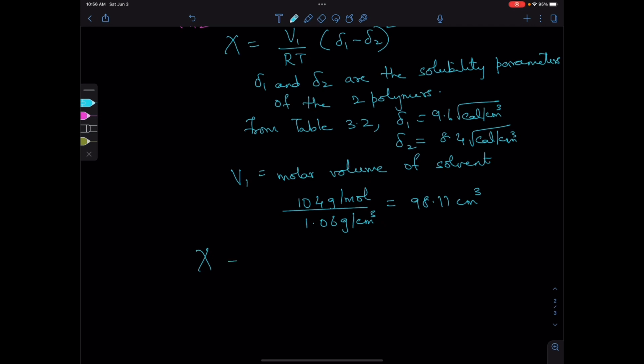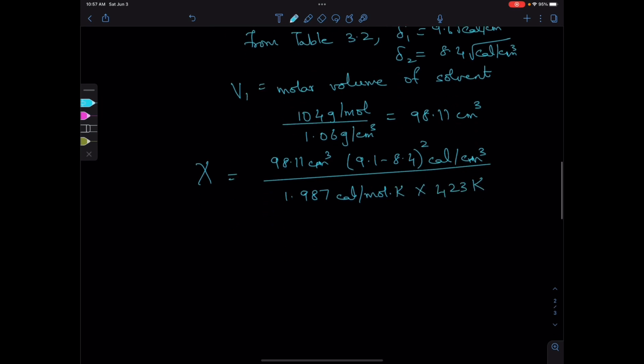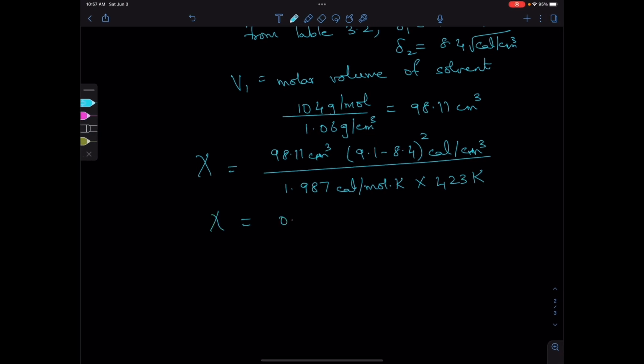So chi is, by plugging in the values, 98.11 centimeter cube times (9.1 minus 8.4) squared calories per centimeter cube over 1.987 calories per mole Kelvin times 423 Kelvin. So that is 0.057.